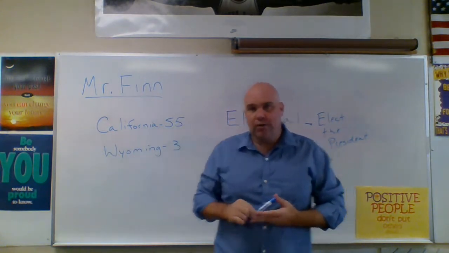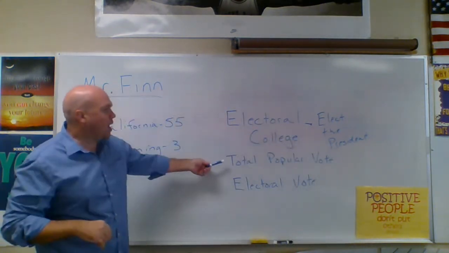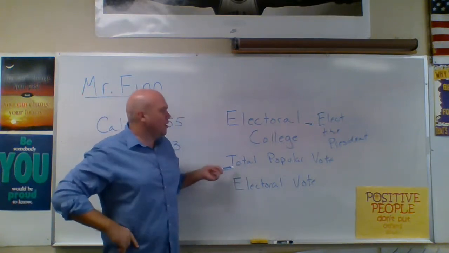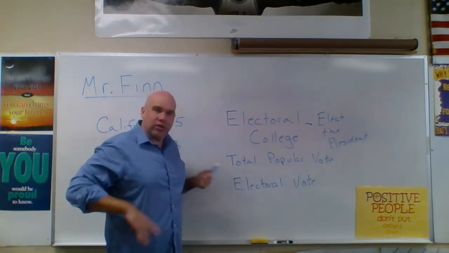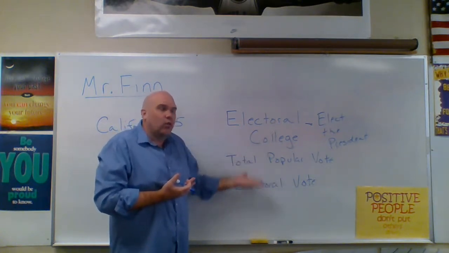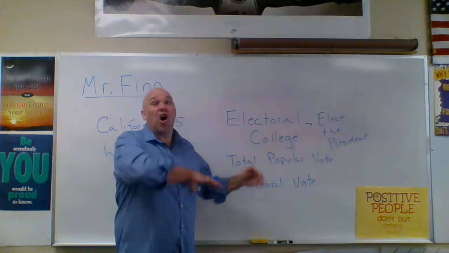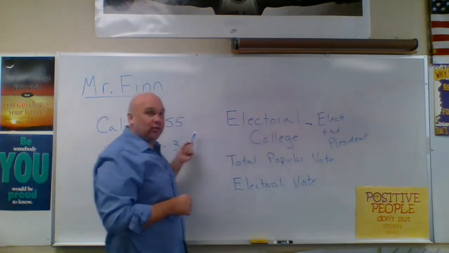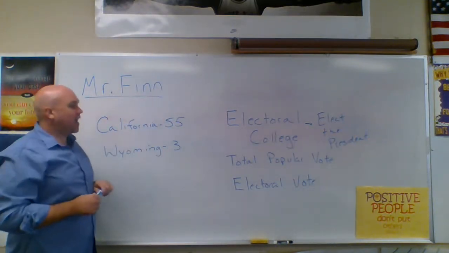Now here is how this works. If the total popular vote goes to one candidate, the electors are supposed to say, okay, we know who our state wants to vote for, and then all of the electoral votes go to that candidate.